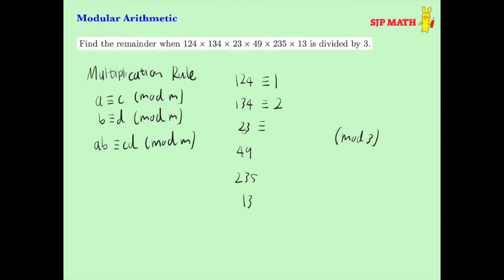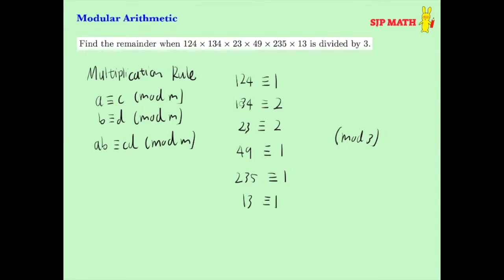And 23 has a remainder of 2 when divided by 3, so it's congruent to 2. And 49 has a remainder of 1 when divided by 3, so it's congruent to 1. And 235 is congruent to 1 mod 3 because it has a remainder of 1 when divided by 3. And 13 also is congruent to 1 mod 3 because it has a remainder of 1 when divided by 3.